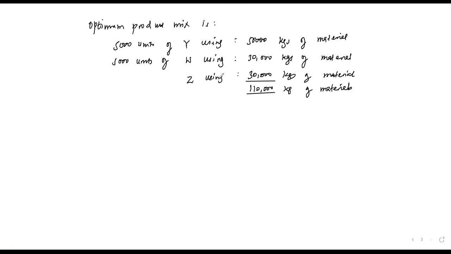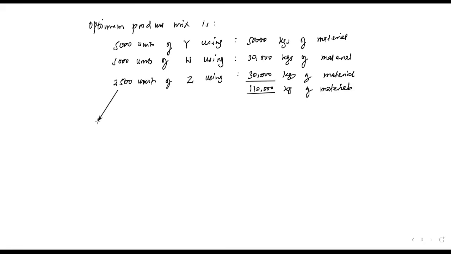So we need 60,000 kilograms to meet the sales demand of 5,000 units of product Z. We cannot produce the 5,000 units because we don't have the 60,000 kilograms of materials. We only have half of those kilograms. So we can only produce half of the units of product Z required, which is only 2,500 units of Z. How would we get these 2,500?